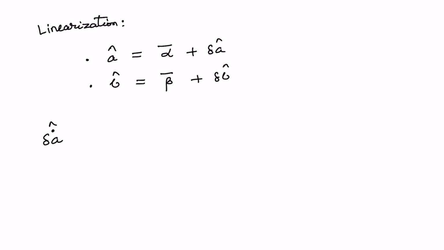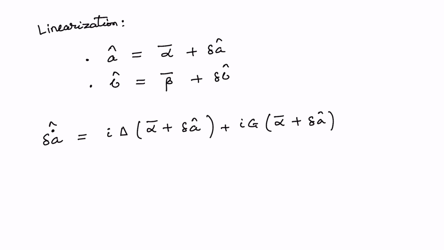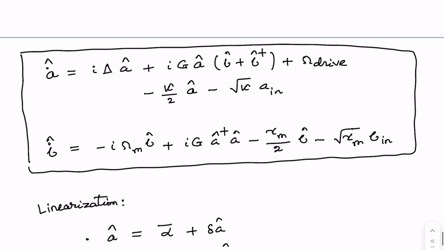get delta A dot is equal to i delta (alpha bar plus delta A), plus iZ into (alpha bar plus delta A). You just have to do the things methodically and systematically, then you will get the right result. I am replacing A with alpha bar plus delta A, and then I have B plus B dagger.